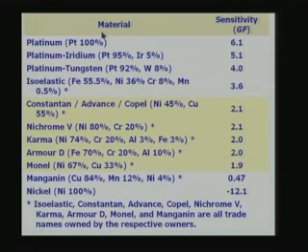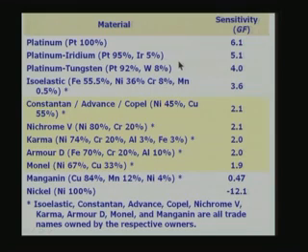Now, let us look at some of the materials which are used in practice, and they are given in the form of a small table. I have taken it from the omega.com website where this particular table is available. So, some typical materials, platinum for example, 100% platinum, the sensitivity or gauge factor is 6.1, not equal to 2, much larger. Platinum iridium, 95% platinum, 5% iridium.